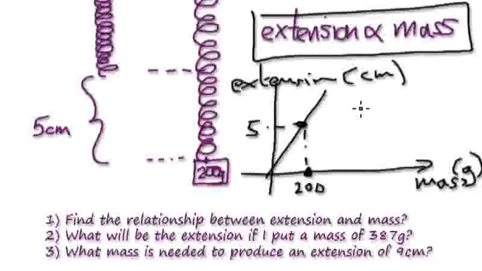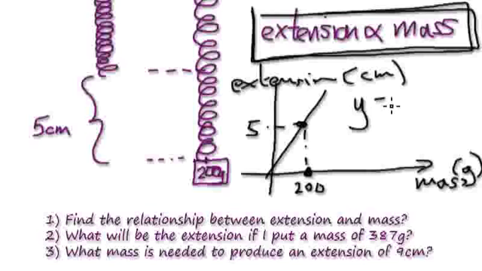But let's say you're not going to draw this graph. When you're told that extension is directly proportional to mass, you know it's going to be a straight line. If it's a straight line, it's going to be y equals mx plus c. It's a straight line going through the origin, so let's forget about the c. It boils down to y equals mx.